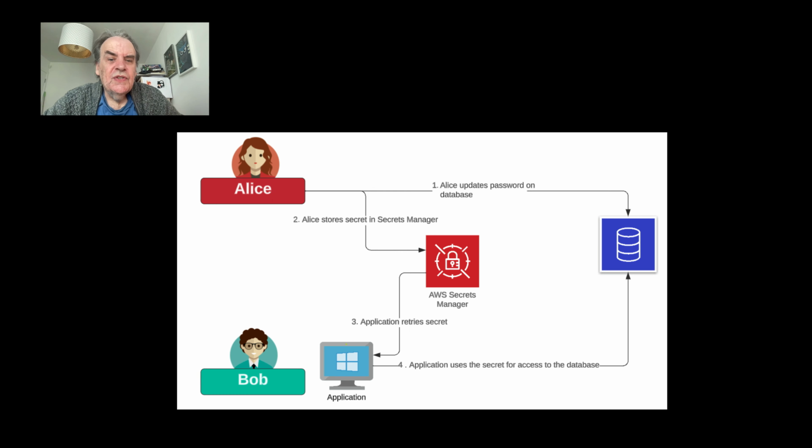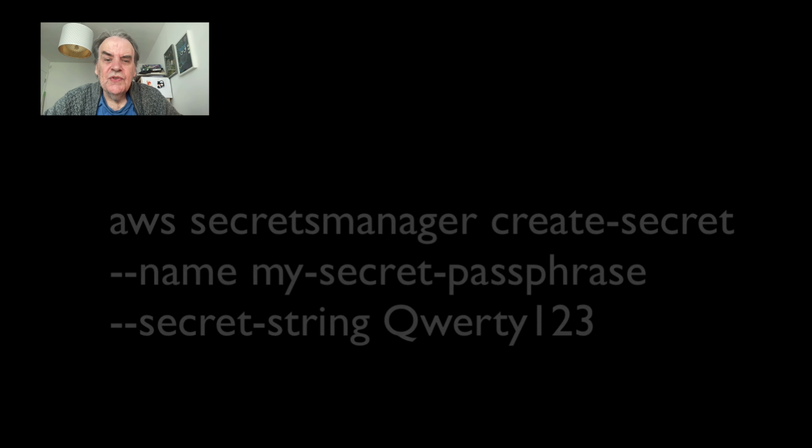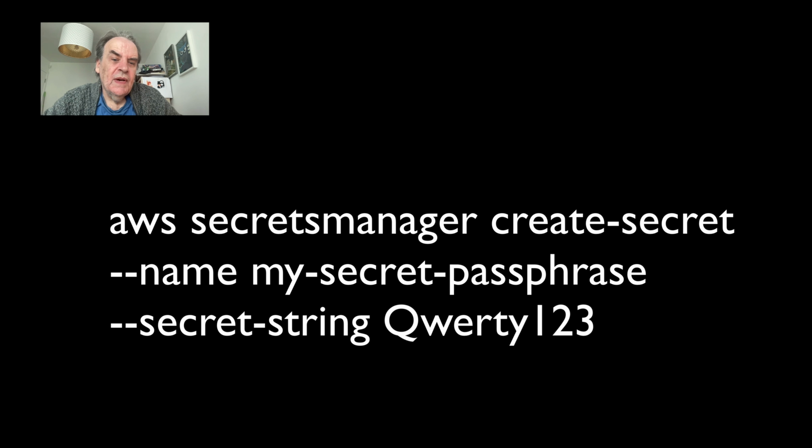We can store secrets, such as application passwords, in Secrets Manager. An example with a secret name of my secret passphrase and a secret string of QWERTY123 is aws secretsmanager create-secret --name my secret passphrase --secret-string QWERTY123.